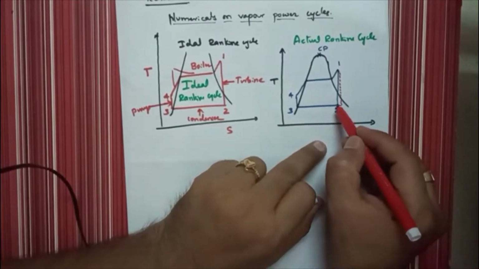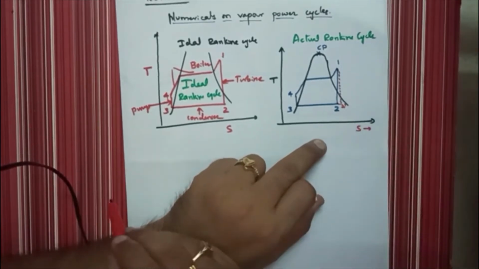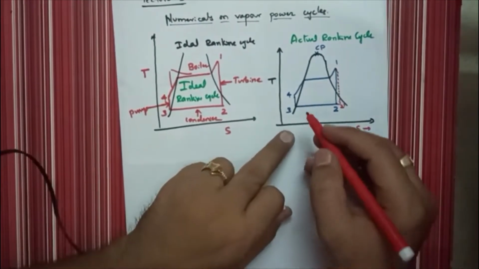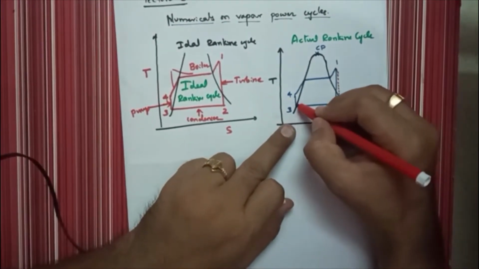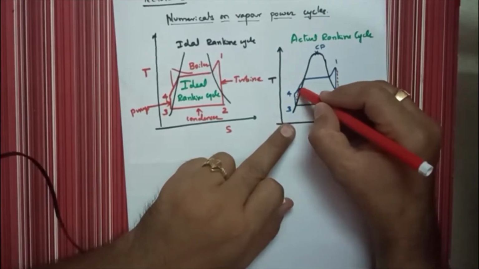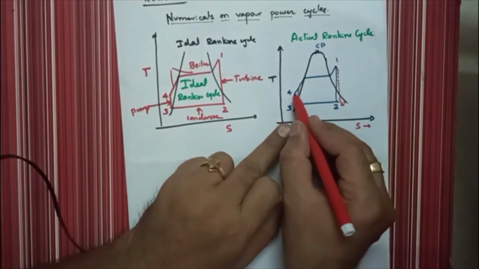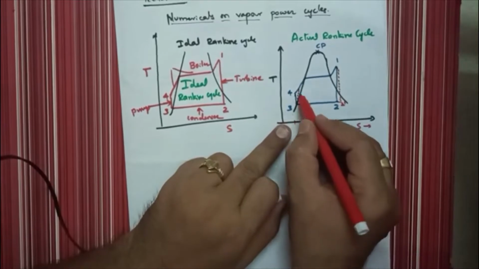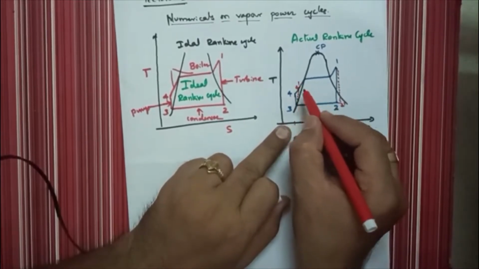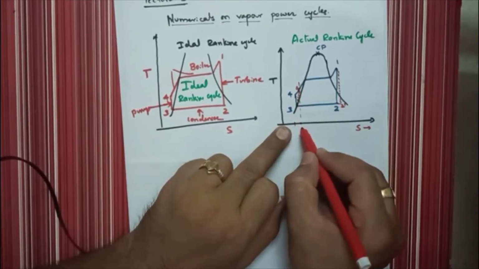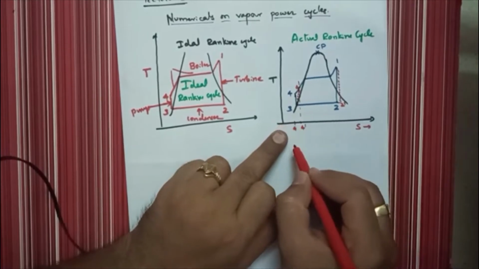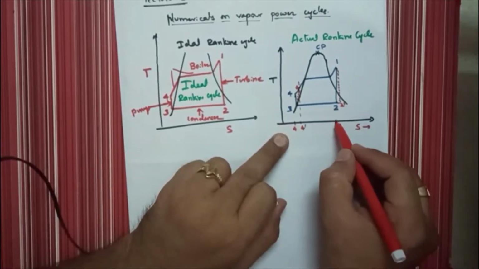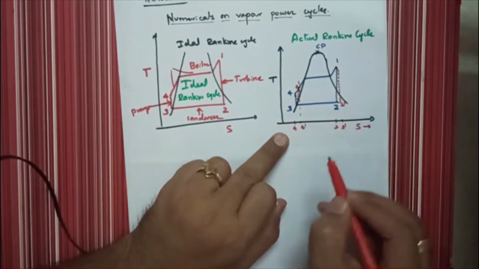So 2 is the initial, that is the ideal case. 2 dash is the actual cycle. Here in the pump also, due to friction there is a slight increase in the entropy. See here, this is point number 4 and this is 4 dash. This is 4 dash entropy, and here it is 2 and here it is 2 dash entropy.